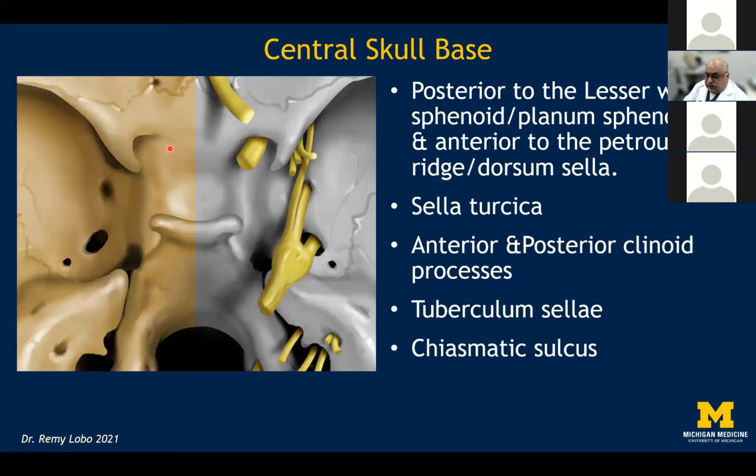Although the chiasmatic sulcus appears to be along the anterior margin of the sella, the optic chiasm is never usually aligned with that sulcus, and in that way it becomes sort of a misnomer. The optic chiasm actually hangs in the suprasellar cistern, and it's a firm continuation from the optic nerves anteriorly and the optic tracts posteriorly.